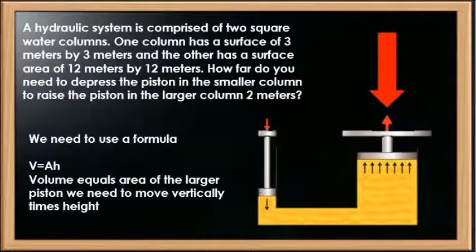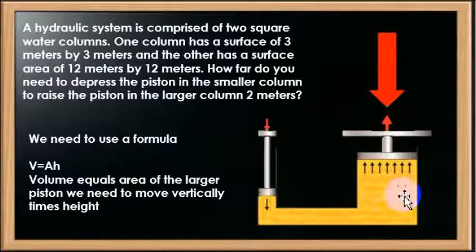First we need to familiarize ourselves with a formula: volume, area, and height. Volume, which is going to be in cubic meters in this case. The volume is never going to change. We need to understand that this is a closed system.